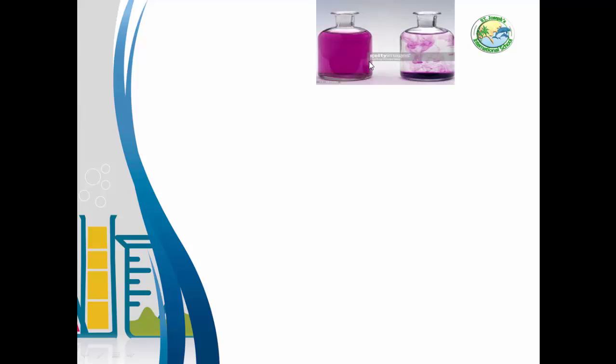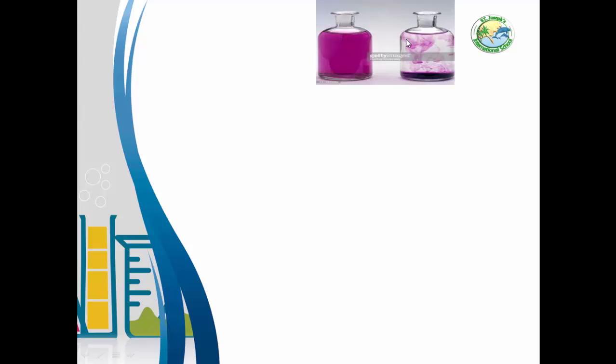Without stirring, without shaking, after a small period of time, we will see that all the water becomes a violet color. So we can say that the permanganate molecules are dissociated, breaking down into particles, and these particles spread in water gradually, in all directions.